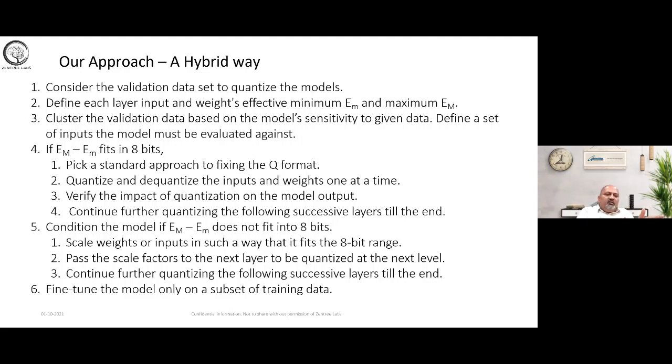I can pass the scalar values forward, but I have to add this as a gain in the next layer, and keep repeating till the last layer. Most of the time it gets adjusted somewhere in between. As we move towards the output side on the right, the scale factors generally get absorbed into the model.